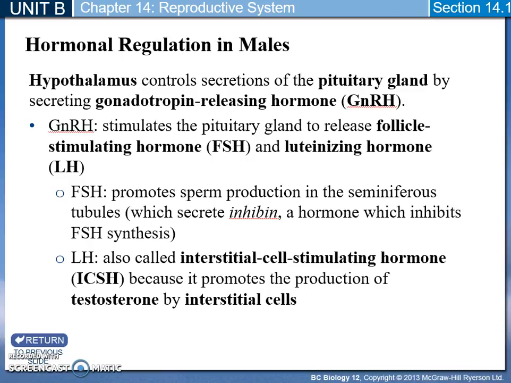Follicle-stimulating hormone promotes sperm production in the seminiferous tubules, which secrete inhibin, a hormone that inhibits follicle-stimulating hormone synthesis. Luteinizing hormone is also called interstitial cell stimulating hormone, because it promotes the production of testosterone by the interstitial cells.